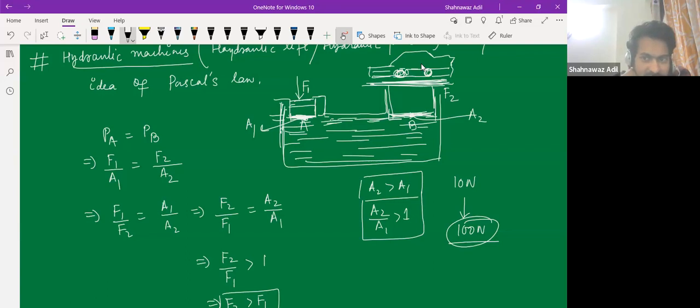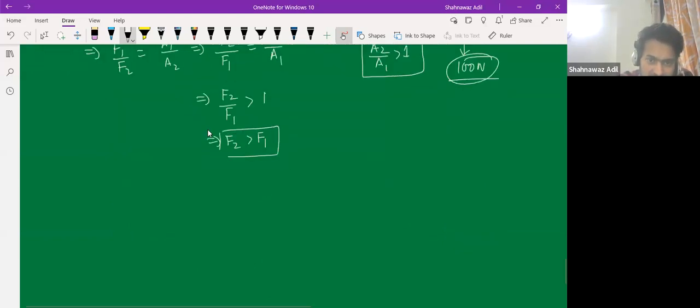No, sir. But using these hydraulic machines, we can exert a small amount of force on this side, and then we can get a huge amount of force on this side by using just this simple Pascal's law, right? So that is the use of Pascal's law.